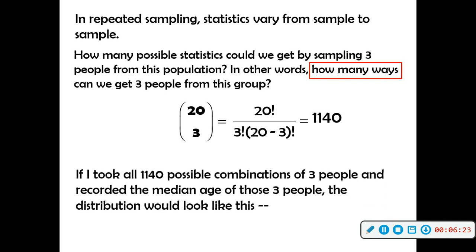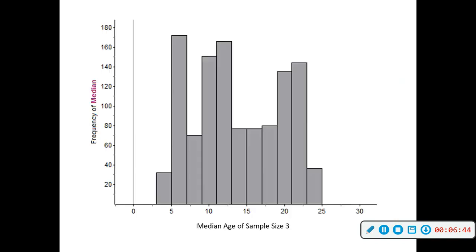Well, again, if I take every possible combination of 3 individuals and recorded the median for all those groups of 3, make sure you understand what I'm about to show you here. If I made a histogram of every single possible combination of 3 individuals, this is what it would look like, right? And this is called a sampling distribution.